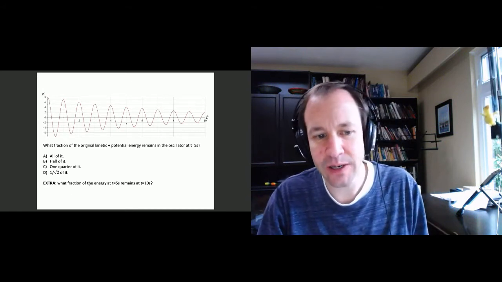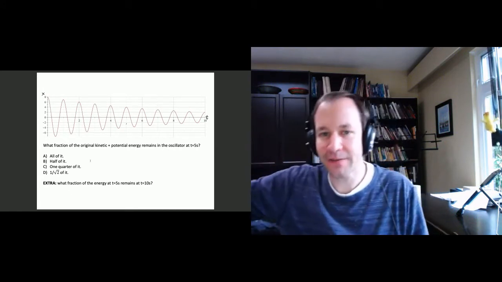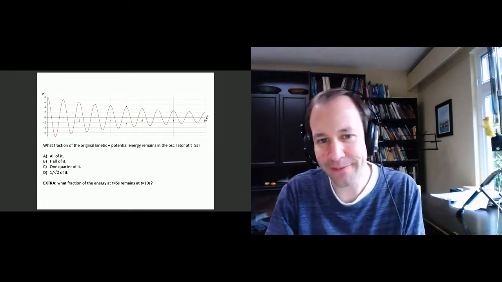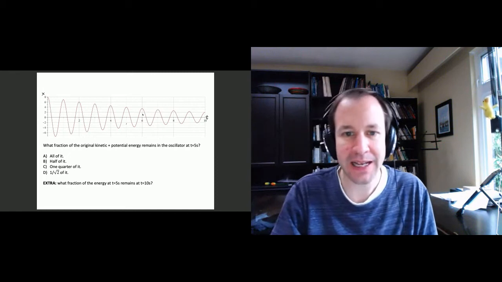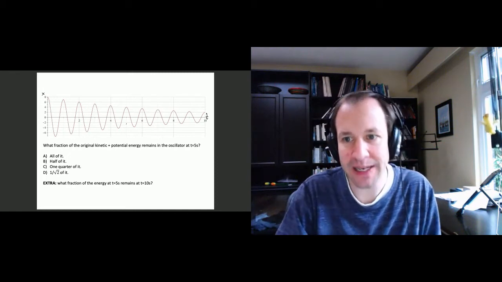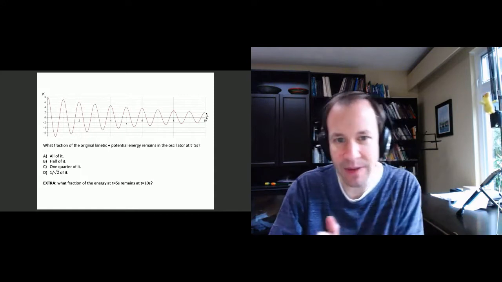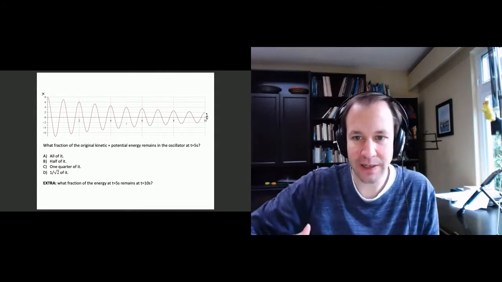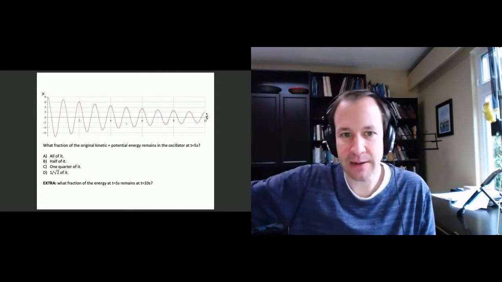Looking at the extra question here, if we wait another 5 seconds, what fraction of the energy that we had at 5 seconds remains? And so what we see is that in this example, the amplitude decreases by another factor of 2 in that same amount of time. And so the energy decreases by a factor of 4 again in that same amount of time.